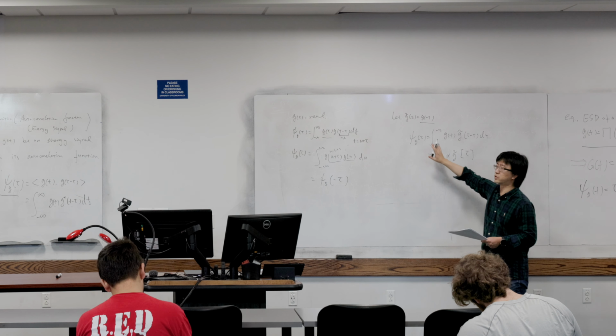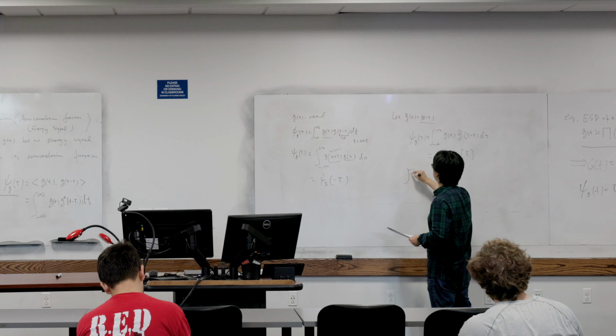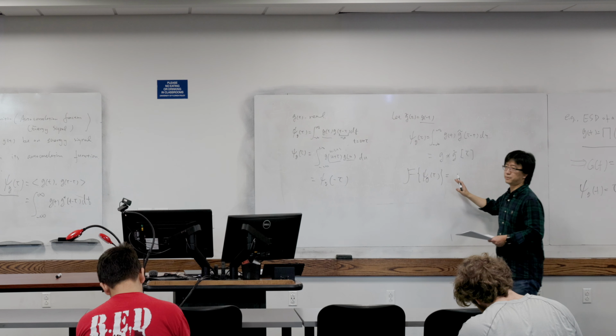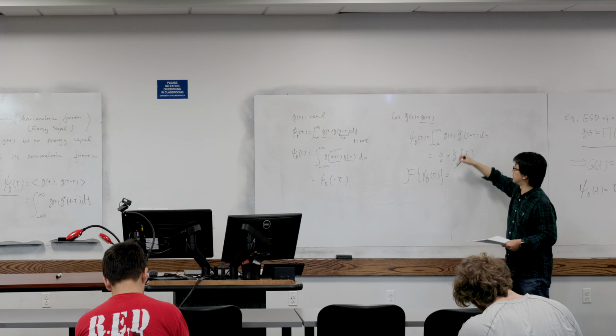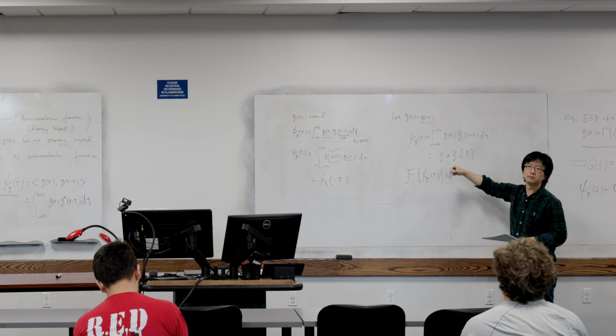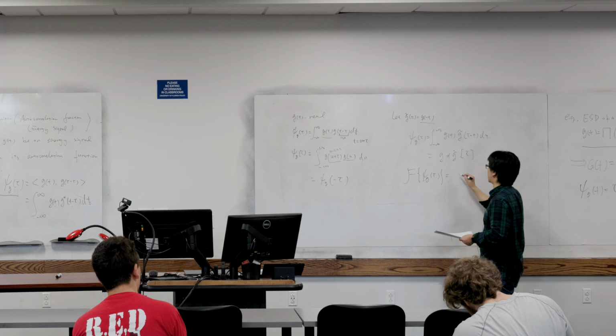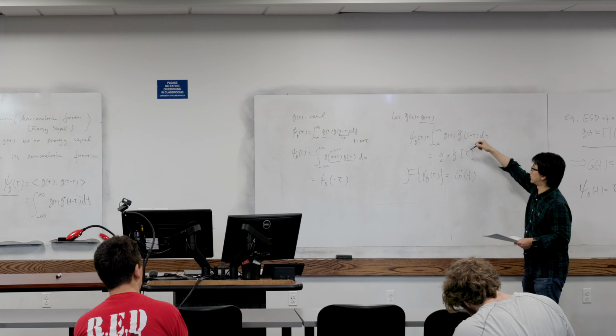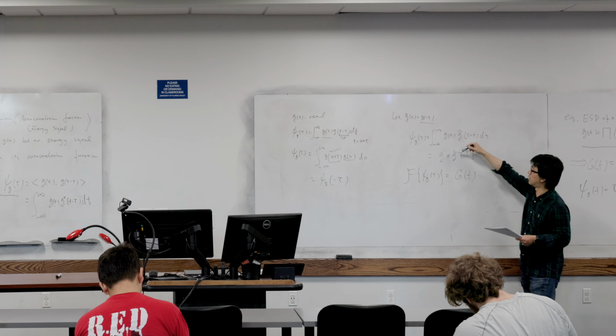Because it's a convolution between these two, how about we do a Fourier transform of psi g tau? Let's see what will happen. In the time domain, it's a convolution, so in the frequency domain, that will be a multiplication. So we use G(f) multiplied by the Fourier transform of g tilde.